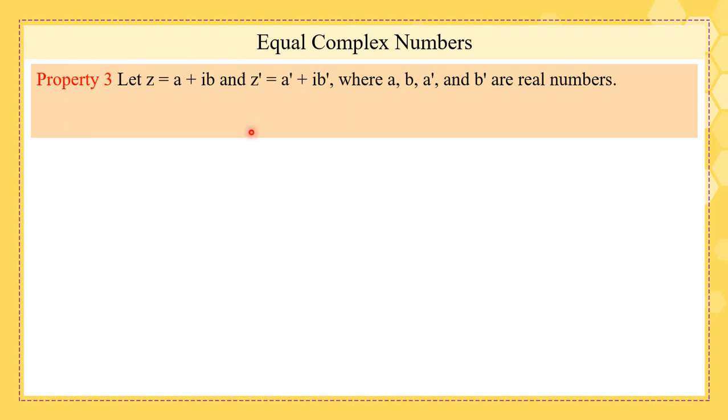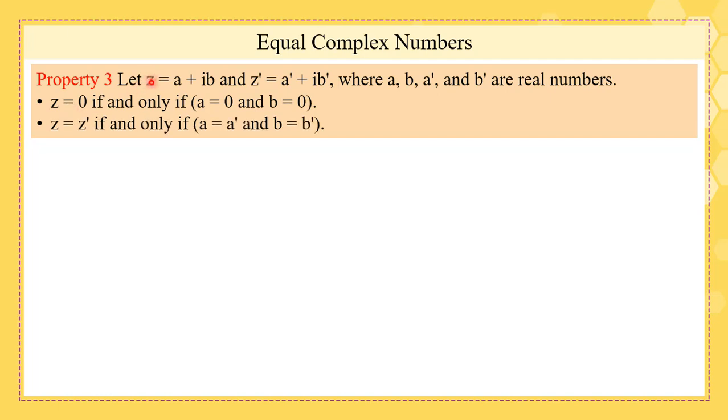Now Z is A plus IB and Z prime is A prime plus IB prime, where A, B, A prime, and B prime are real numbers. Well, Z is going to be equal to 0. If Z is equal to 0, this means that A is 0 and B is 0, and vice versa. If A is 0 and B is 0, we can tell that Z is 0.